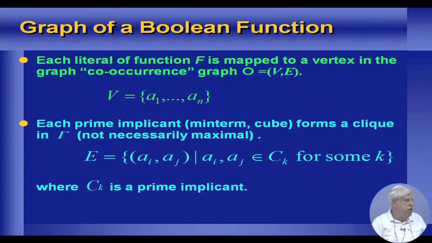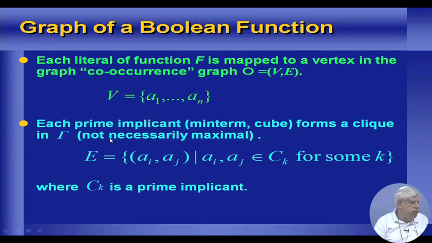Now to do this, I'm going to define the graph of a Boolean function. Each literal or variable of the function is assigned a vertex in a graph that is called the co-occurrence graph. So we have the vertices being a1 through an. These are the variables.